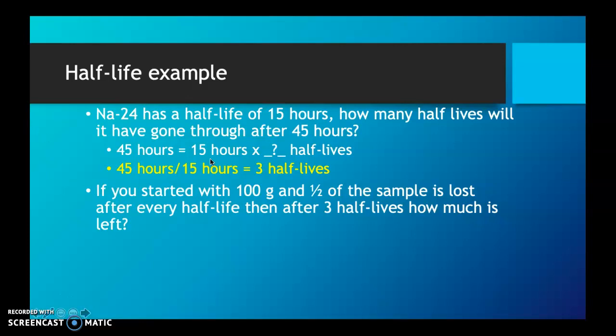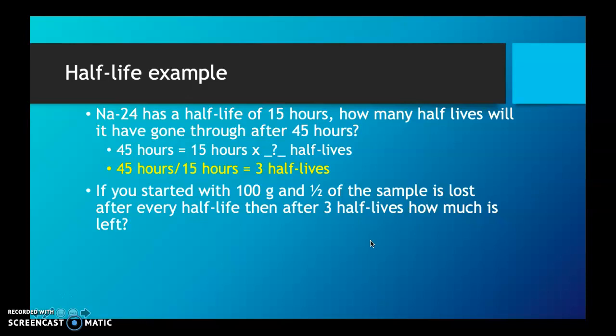The other type of problem that I'm going to be giving to you is asking you to figure out how much of a sample was left, or how much of a sample did you start with given a specific number of half-lives. So let's look at one of those. If you started with 100 grams of a sample, and half of the sample is lost after every half-life, then after 3 half-lives, how much is left?